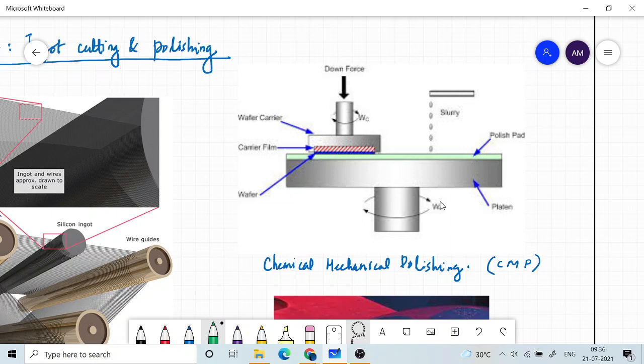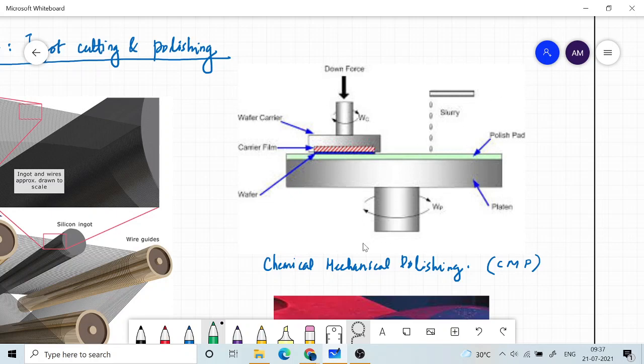The bottom one is shown rotating in clockwise direction, and the other depends upon how you look. If you look from above, that is also clockwise. If you look from the bottom, then it is anti-clockwise. So relatively they will be moved, but in the presence of some chemical.